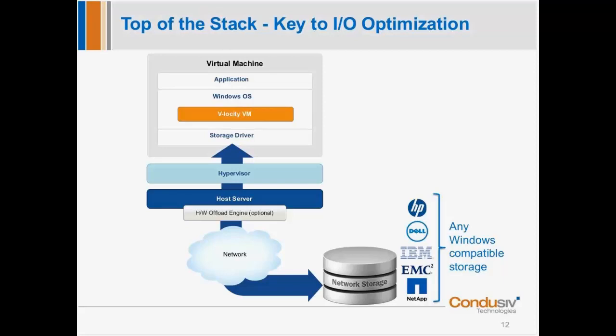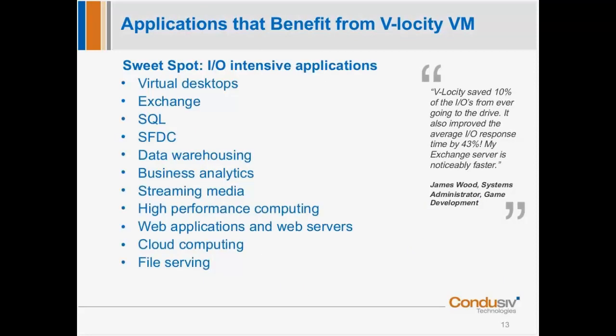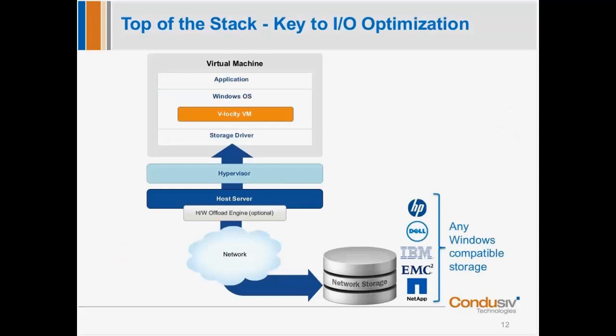As we've said before, by being agnostic to the storage below, we're compatible with any storage that is compatible with Windows. The vendors you see here are just examples. We have over 1,200 customers using Velocity today on a wide range of storage systems.